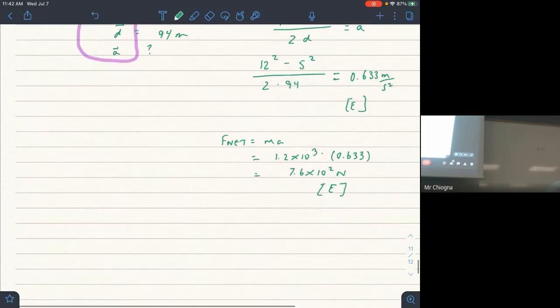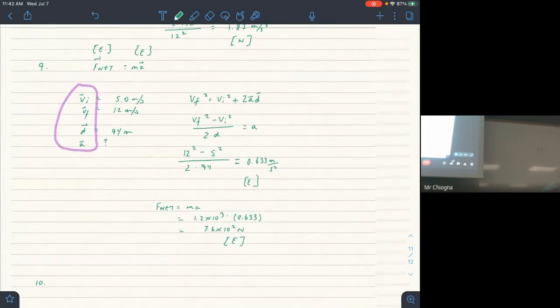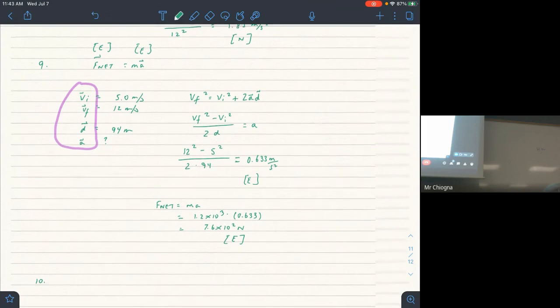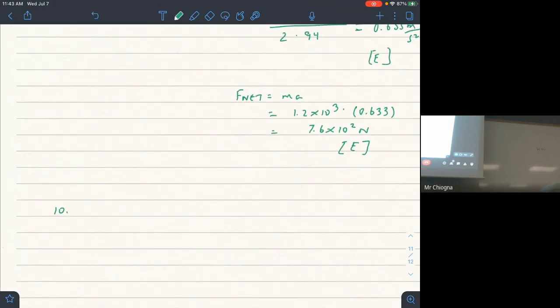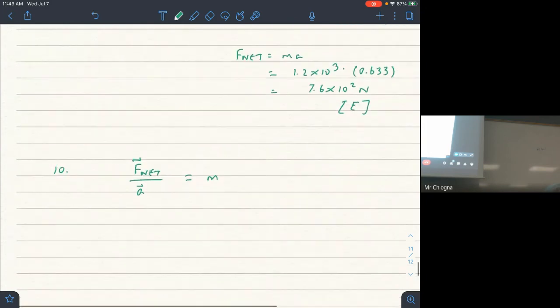Number 10, I'm going through it a little fast here. Take a quick look. It's being recorded. Read it through. I'm going to solve for the mass by dividing the force by the acceleration. I've got the force. I need the acceleration. Make a list.